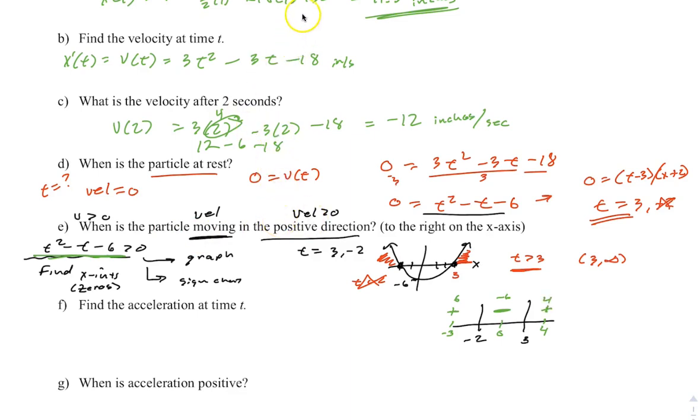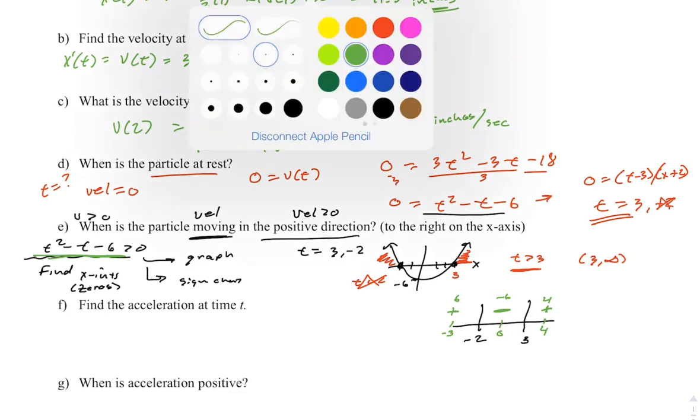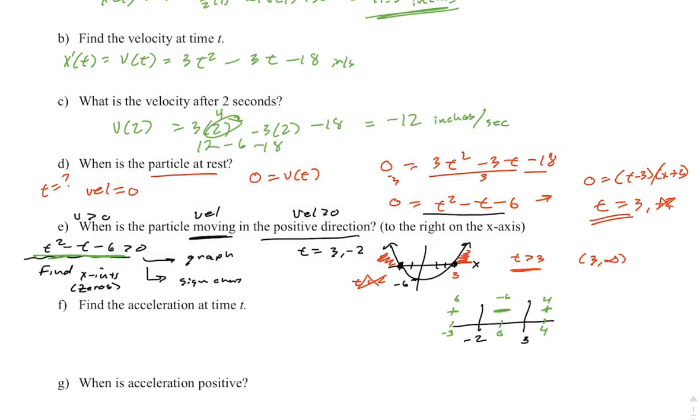Likewise, I want my velocity moving to the right, so I want a positive value, which is this one right there. So again, 3 to infinity, or t is greater than 3. I don't use the negative region, because I want only positive time. So that's how you find when a particle is moving in the positive direction.